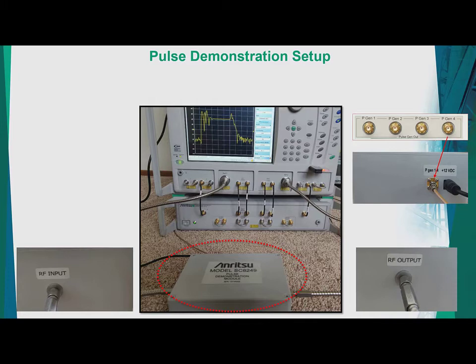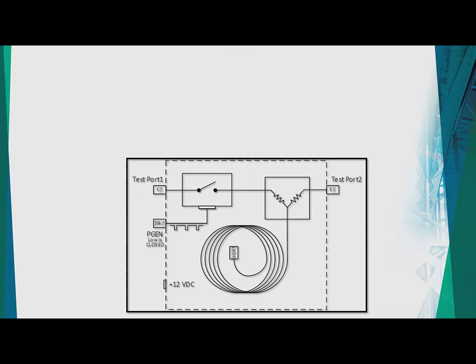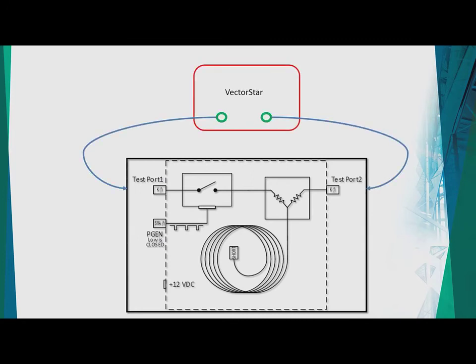Coming back to this pulse demonstration module, this is the block diagram of the module, and it's basically a device which is trying to do a pulse modulation to the incoming RF from the VNA port.